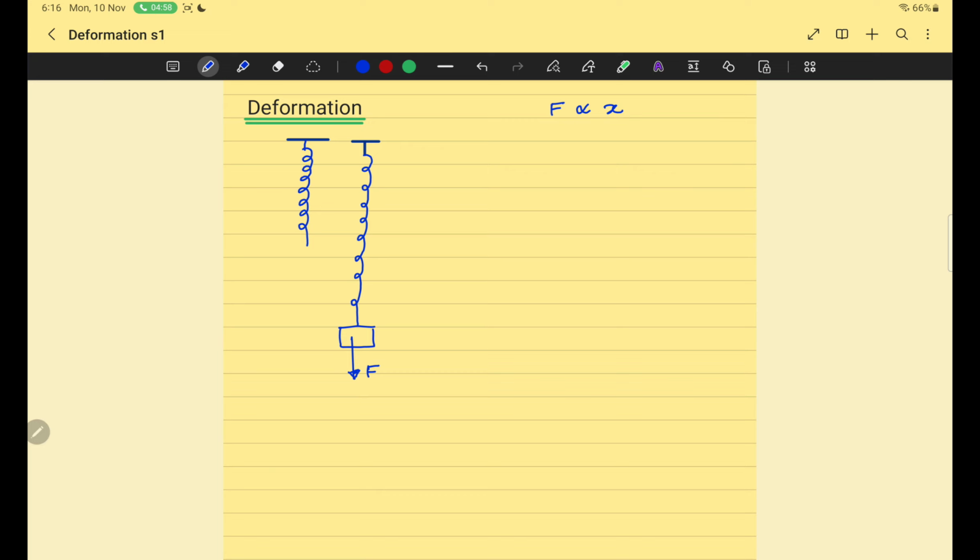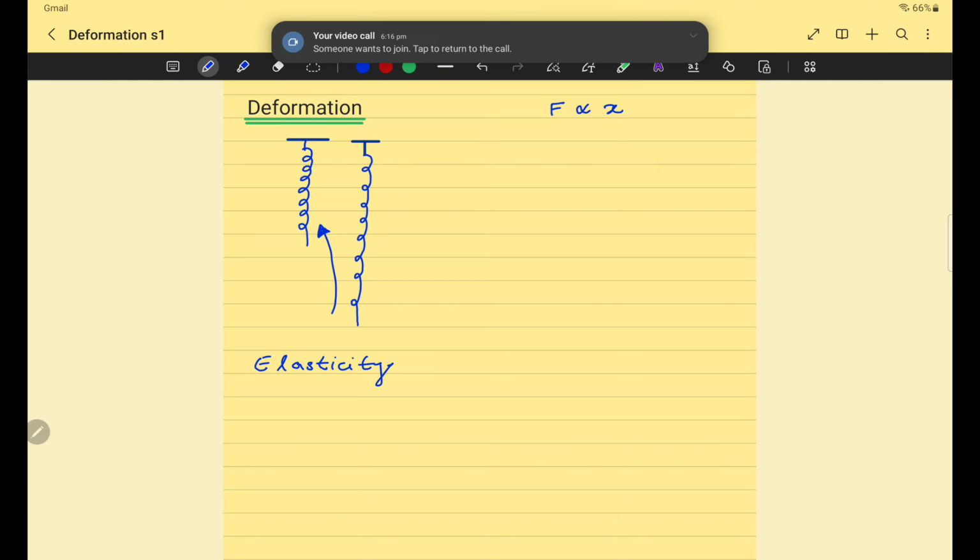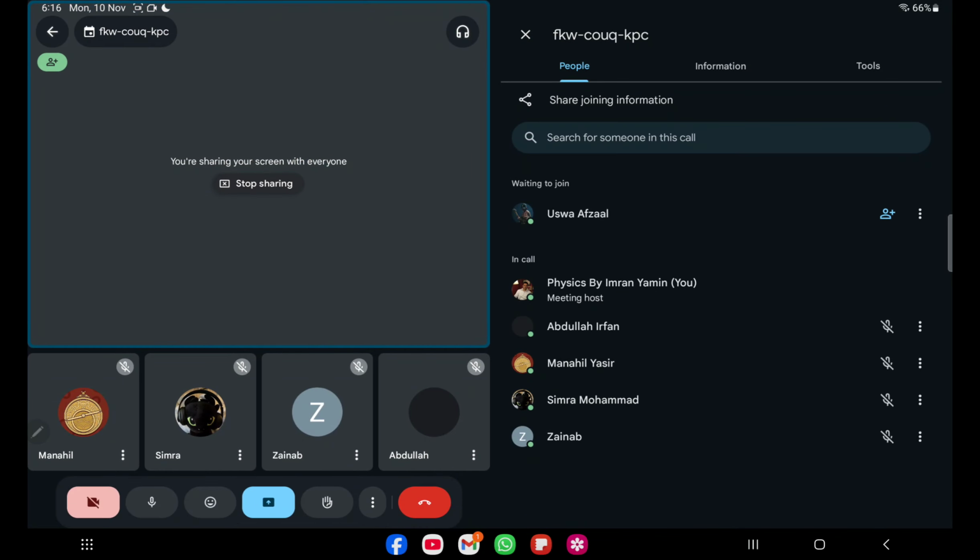So extension is directly proportional to applied force. Acha, if you release this force, and the spring returns back to its original shape and original size, then this property is called elasticity or elastic property.